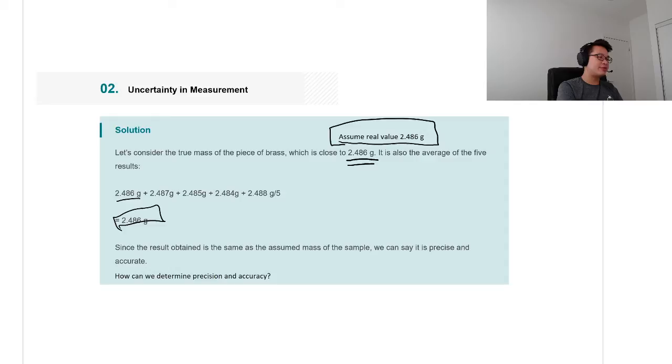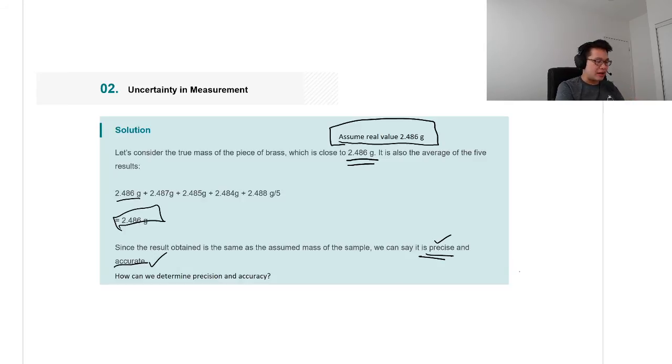And the last thing will be precision and accuracy. As you can see, they have 2.486, 487, 485, 484, 488. They're pretty close to each other, so they are pretty precise and also pretty accurate.